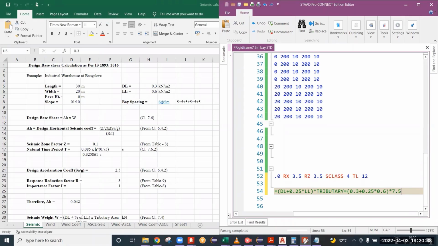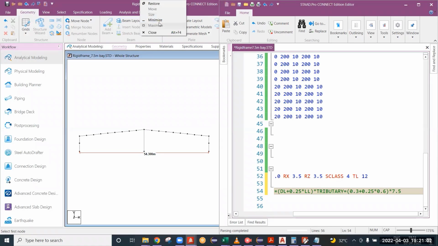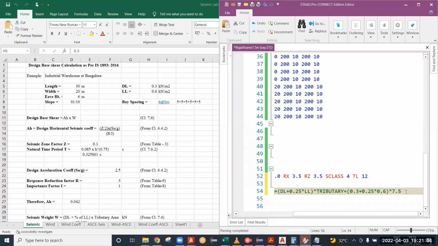Don't confuse, because this is a 2D frame and we have given width in the geometry itself. It will calculate directly what the width value is. So that's why I'm not giving it here.